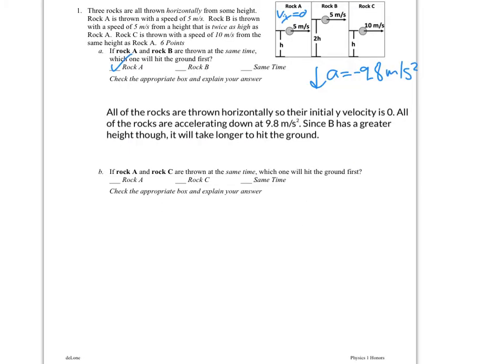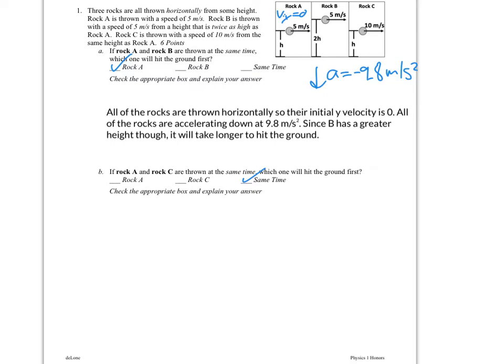All right, moving on to the second part here. We're now comparing rock A to rock C. We notice that those two are thrown from the same height. Basically, the same argument can be made as we made in A, but now it's going to be the same time.